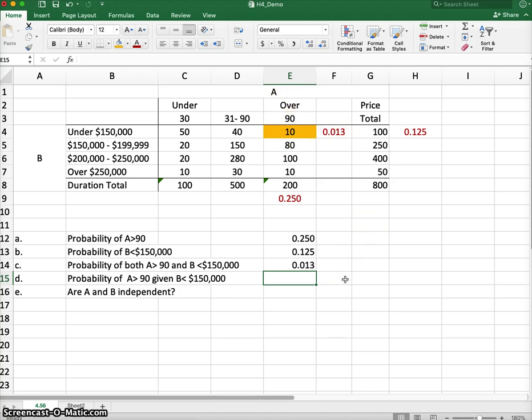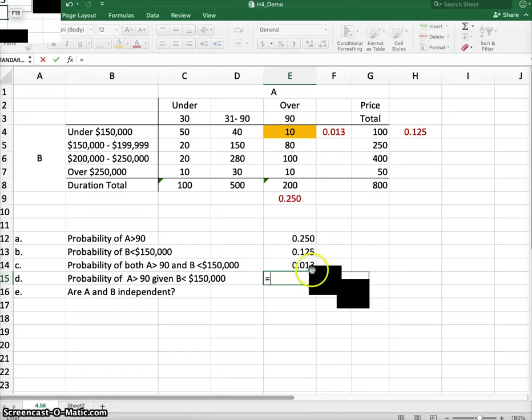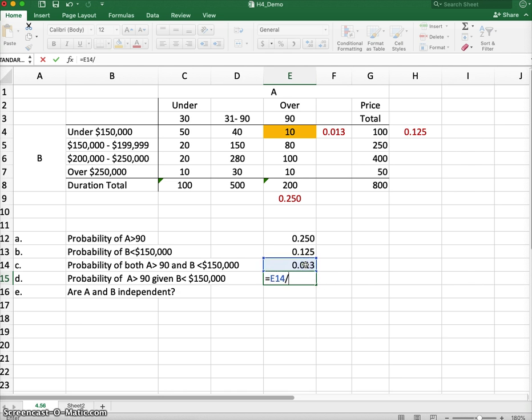All right, now, D is the hardest part of this. D is conditional probability. It says, okay, given that the house listed for $150,000, what's the probability that it will take longer than 90 days to sell? Well, in order to do that, I can look at the formula and I just take the probability of both happening, which is what I just calculated, divided by the probability of the independent variable happening.